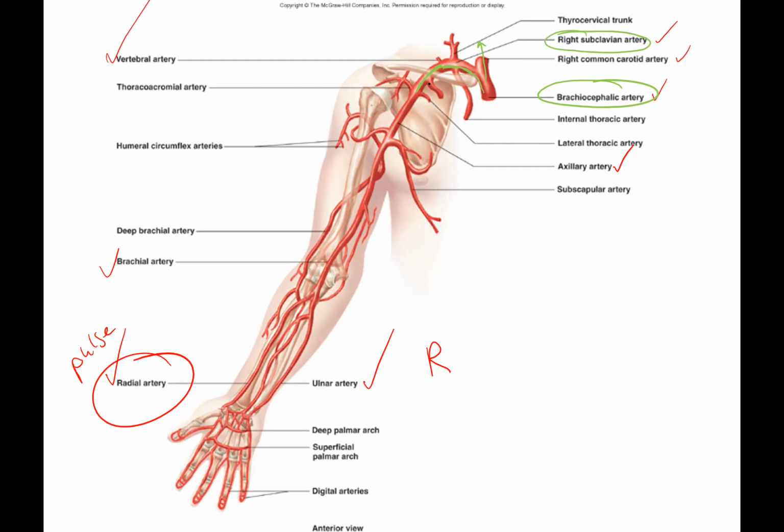Okay, as you keep going, once it gets into the armpit area, which is the axillary area, then that tube turns into the axillary artery. Same tube, now it's in a different location, so therefore a different name. So now it's the axillary artery, which is the armpit area.